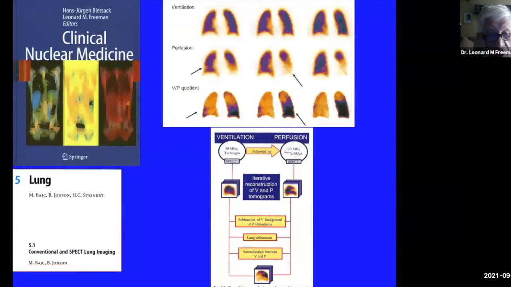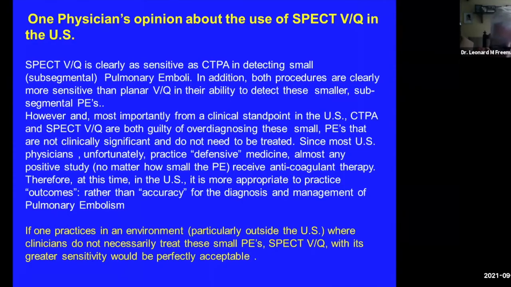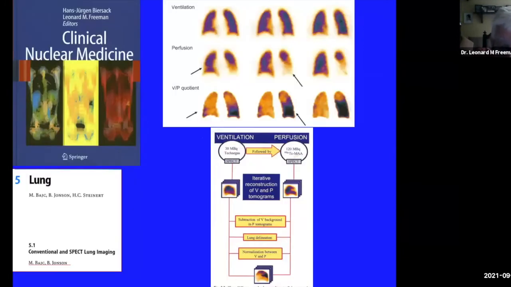So what I think I'm going to do, I just want to mention, everything I've shown you is basically planar. Many of you across the world are used to doing SPECT. There's no problem with SPECT. The only problem with SPECT is that I believe it does overdiagnose. In comparative studies that we've done, it's only the small PEs that you see on SPECT that you don't see on the planars.